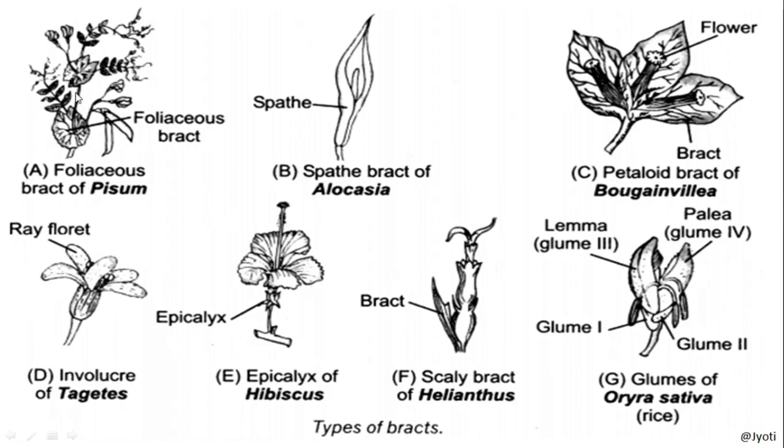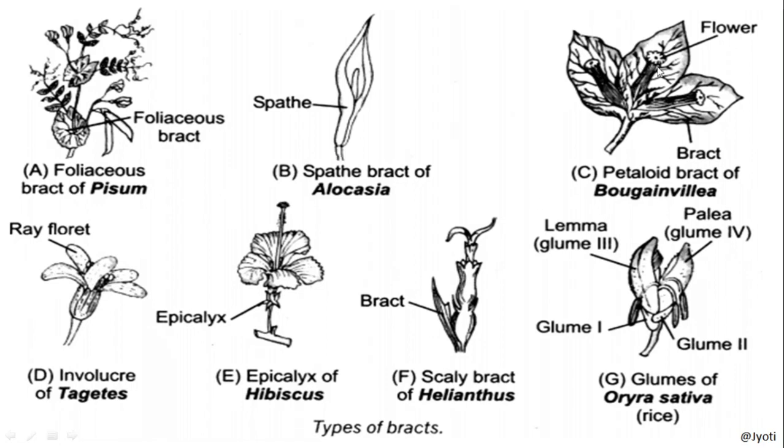So it is called foliaceous bract. Then here you can see this is the tuft of flowers or bunch of flowers, the inflorescence, present inside, and the whole bract is very big and covers the whole inflorescence. Such type of bract is called spathe.